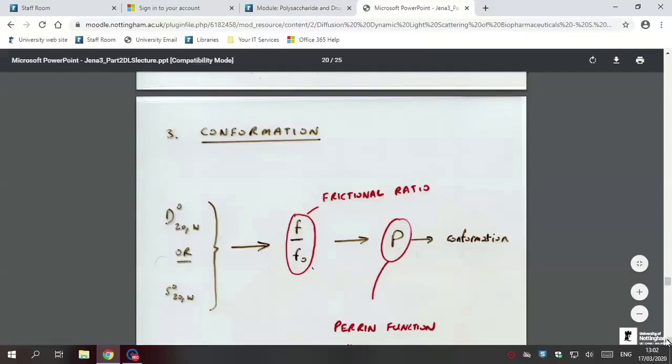Another misconception that students often have is the difference between density and concentration, because they both have the same units of grams per mil, grams per centimetre cubed, or kilograms per metre cubed in SI units. Density refers to the properties of the bulk solution.